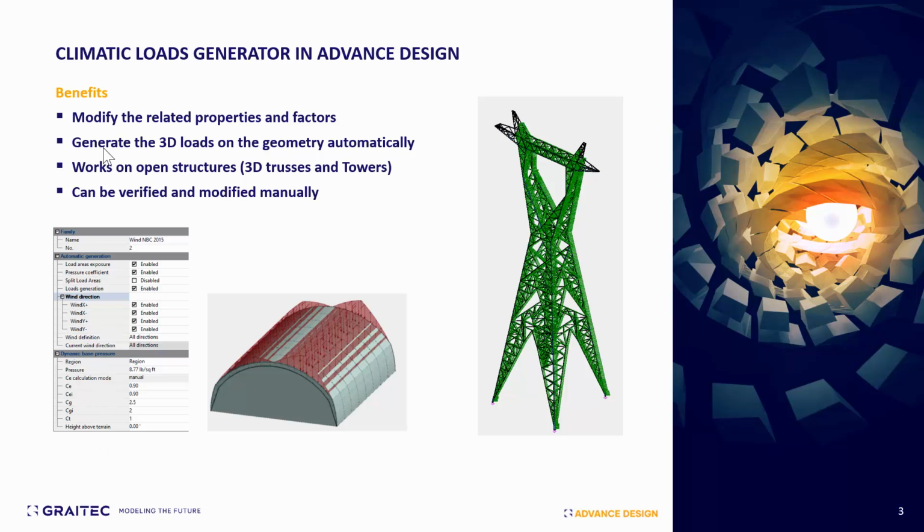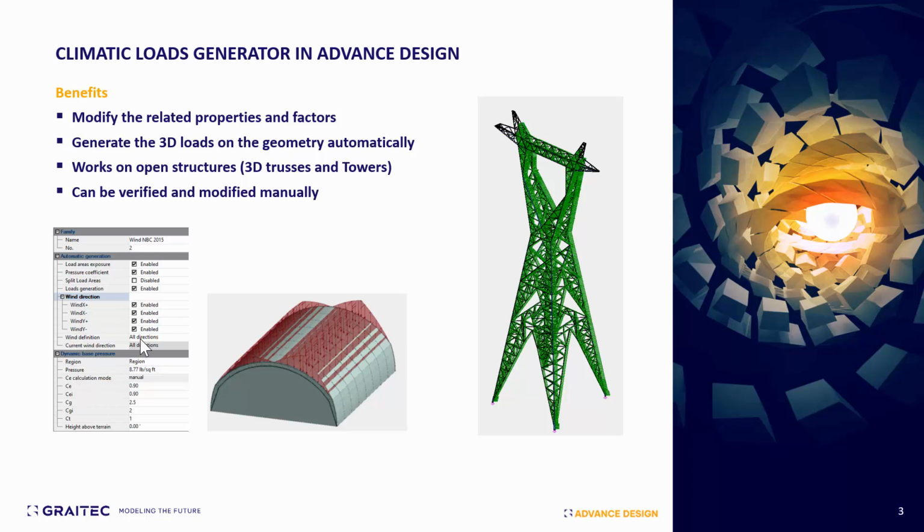The second benefit here, as you see, is that the loads are automatically created as a 3D load. So you can have the load defined in both X and Y direction, and Advanced Design can also create them in all possible directions.